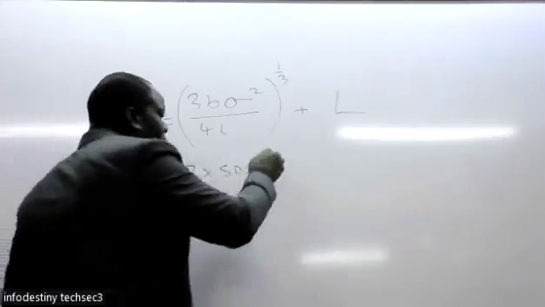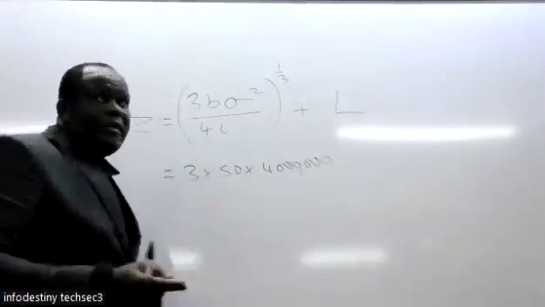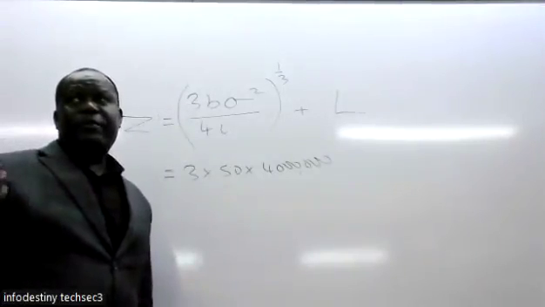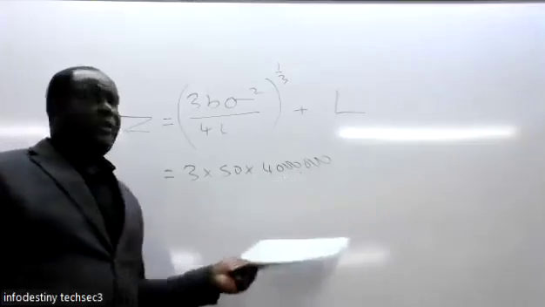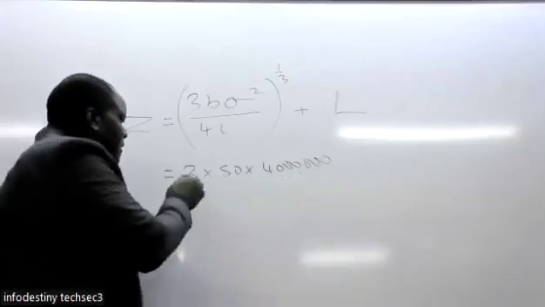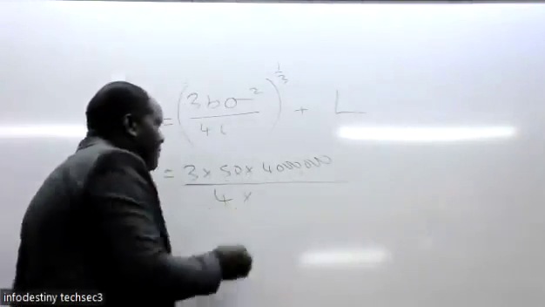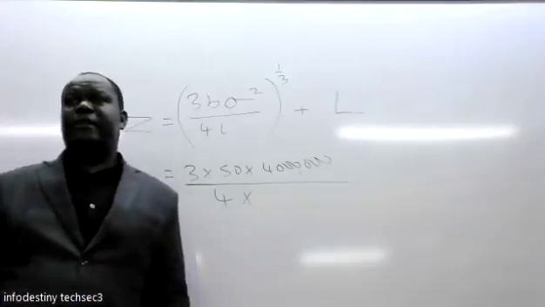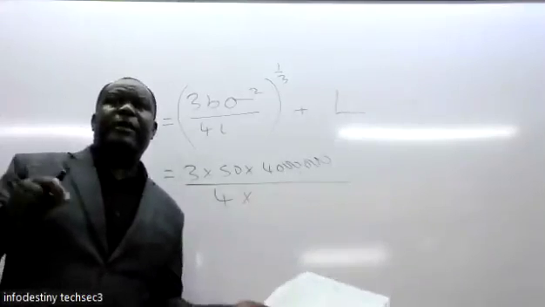This question has given you the variance of 4 million. So you just use it the way it is. Or alternatively, you take the 2,000 and square. They have given you 2,000, the standard deviation, but they have also given the variance value, so we use it directly like that. Then we divide by 4 multiplied by i. This time they gave you a daily interest rate. The other one they gave you per annum, that's why we divided by 365.